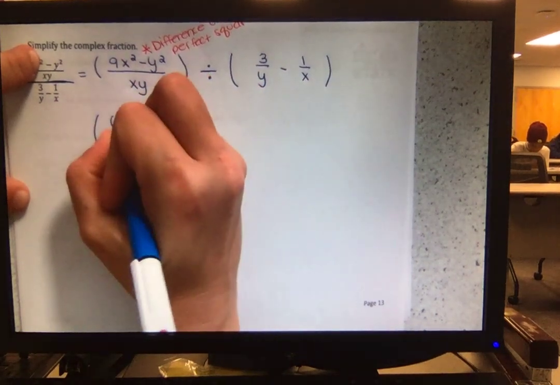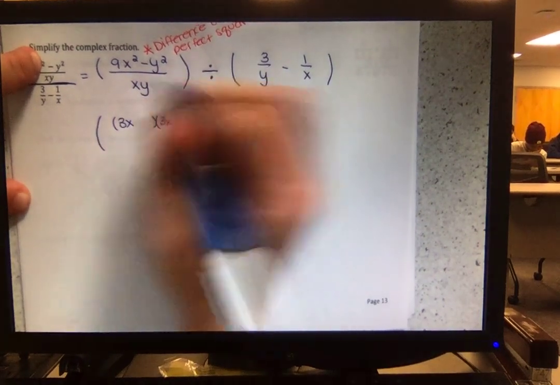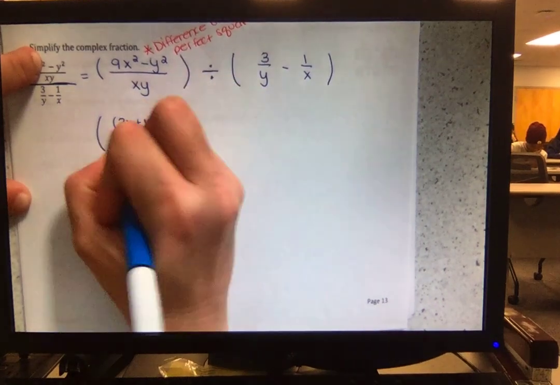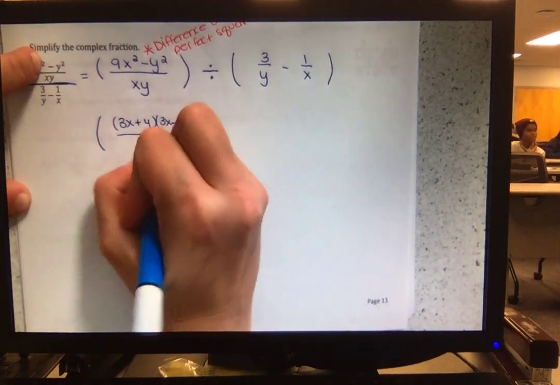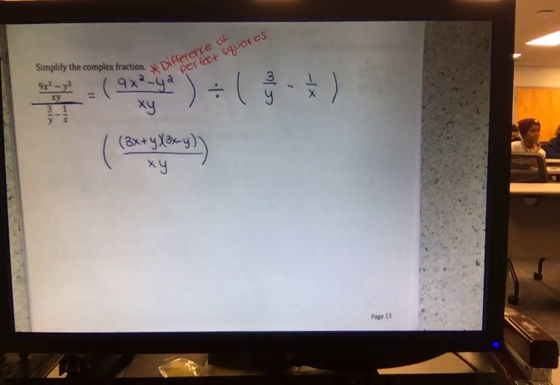So we know 9x squared is 3x and 3x. We know y squared is y times y. One's positive, one's negative, all over xy. So we factored it, but unfortunately nothing cancels. But it's kind of ready to go now, so that first one is done.